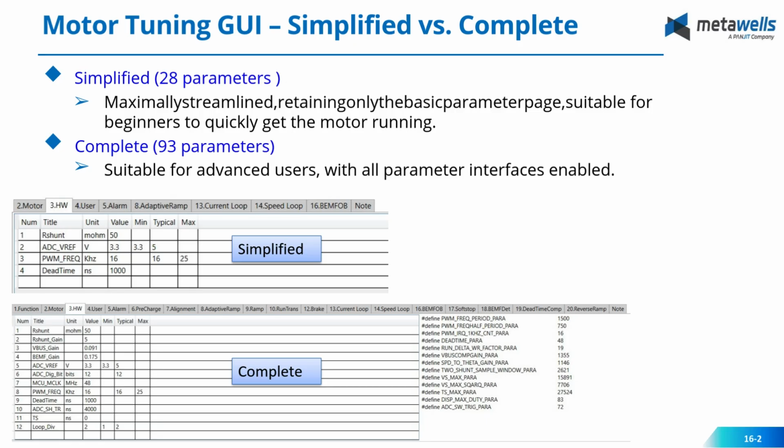This is intended for advanced users who want full control over every aspect of the motor tuning process. The tables below illustrate the difference. The simplified interface shows only the essential parameters, while the complete interface enables every parameter page for detailed tuning.